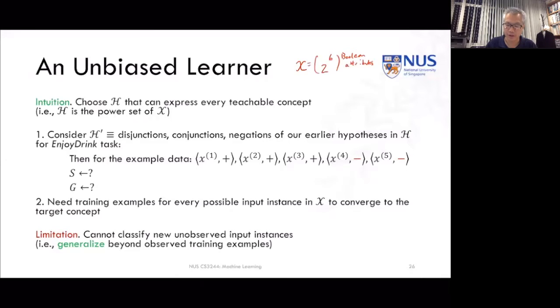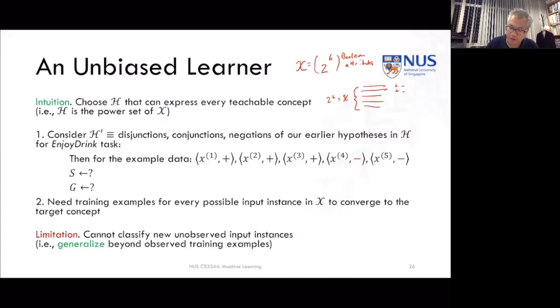2 to the 6 is not a large number, but when we talk about how many concepts are out there for these 2 to the 6 data items, it becomes much worse, because for each of these 2 to the 6 rows of data that we have, this is our total X space, I can set either one of these to a positive or negative.